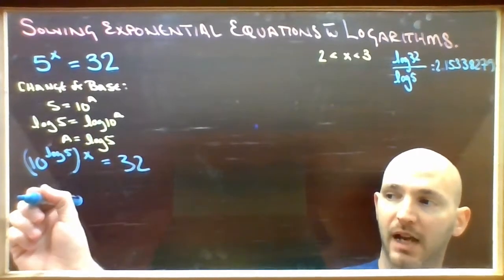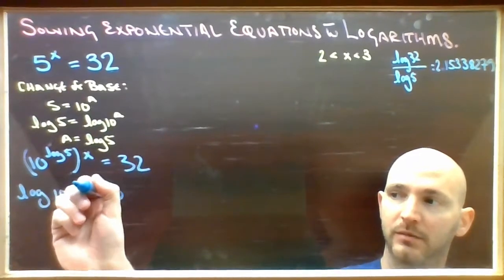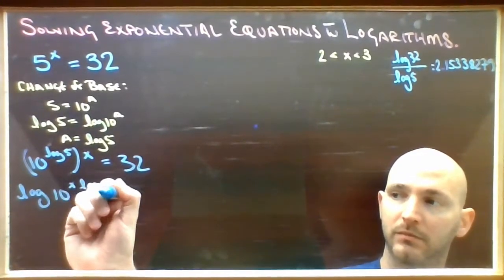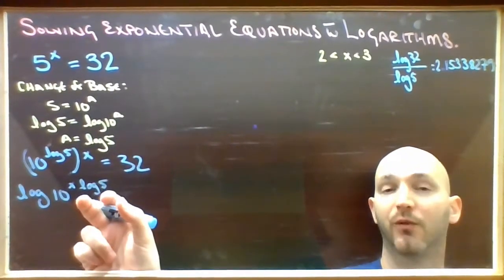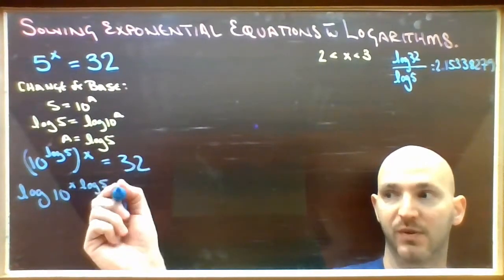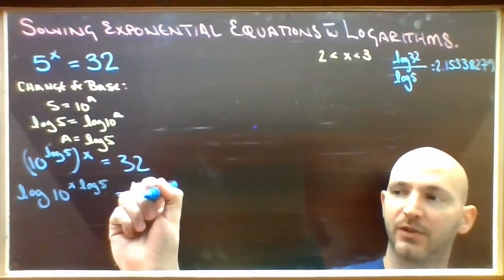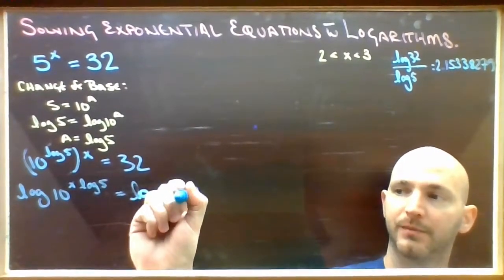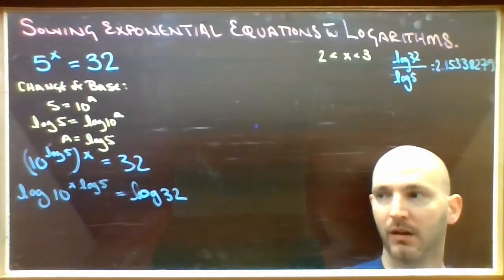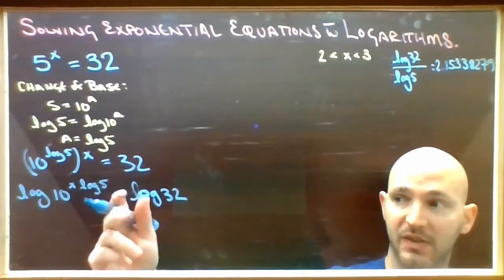I'm going to apply log base 10 to both sides. And just for etiquette purposes, I'm writing the x in front so that I don't get confused where it is. If I do it on one side, I have to do it to both. Log base 10 and exponent base 10 are anti-functions. They undo each other.